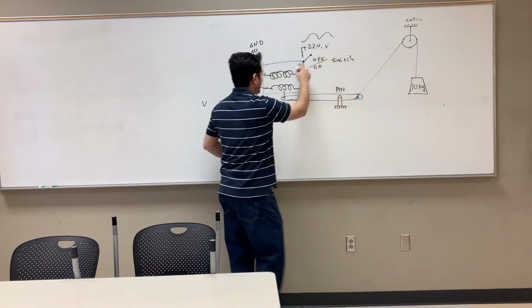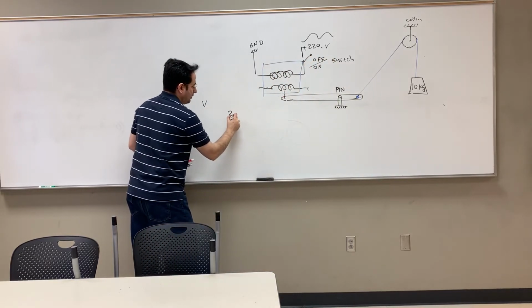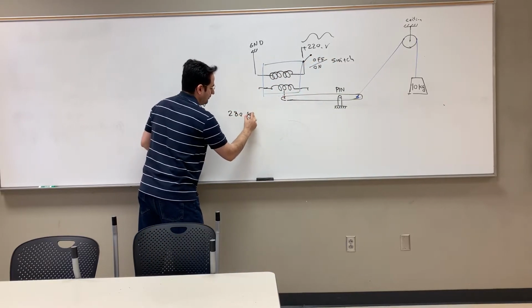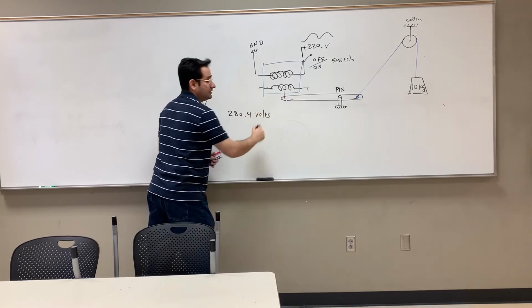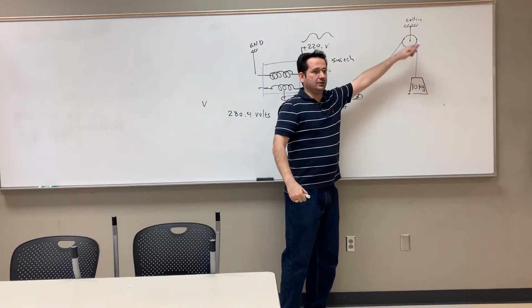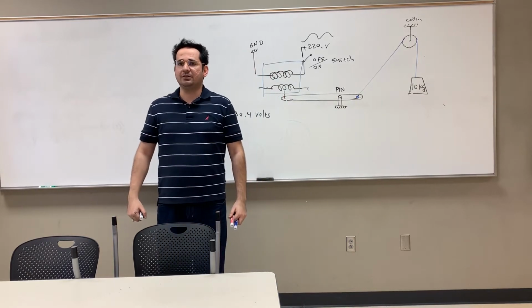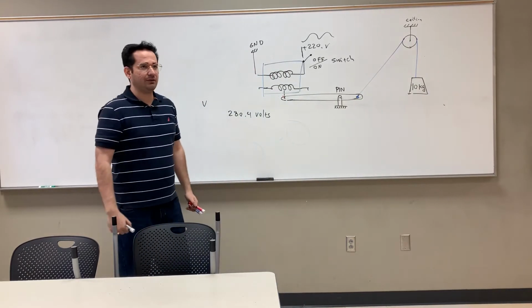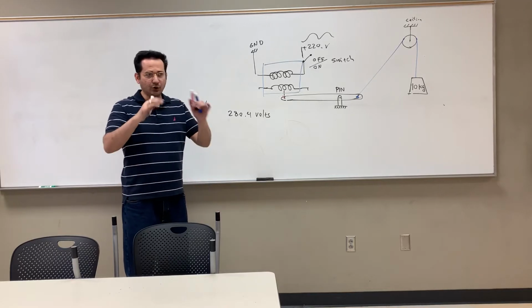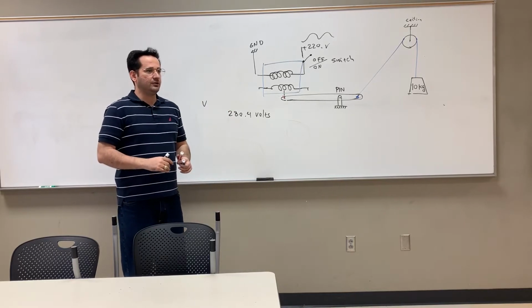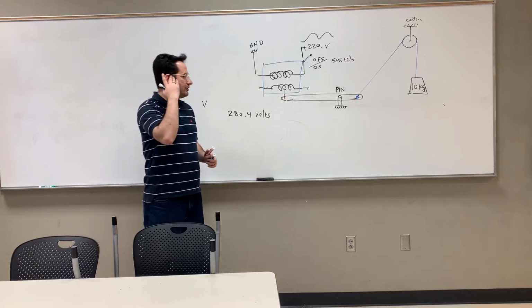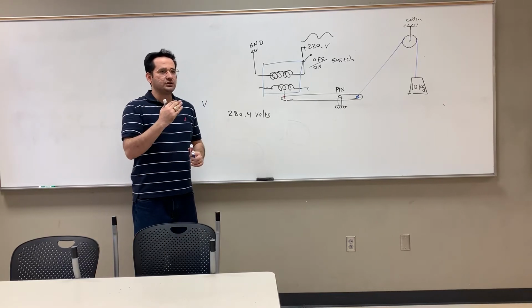The actual value, like say 280 volts, 0.4 volts I need in order to lift this 10K using this mechanism. Now, how do we do that? Right now, we have no idea. But I am going to take you step by step to a procedure.